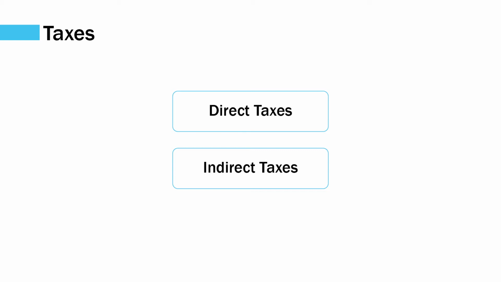Now, why are we trying to highlight the fact that direct taxes are typically on the net income which is earned by the organization? Because when you look at the indirect taxes, the most critical aspect is that indirect taxes are levied on the gross income of an organization. So in the same example which we discussed, the gross income or gross revenue of the organization was $100.